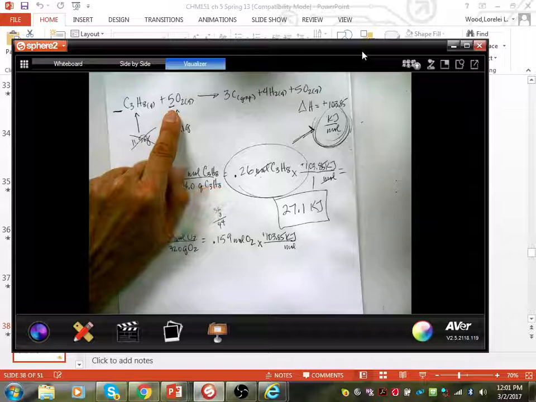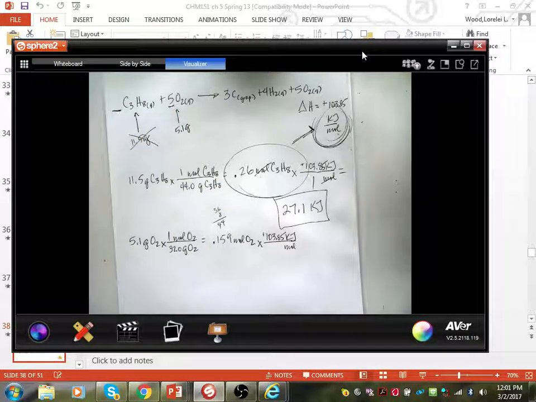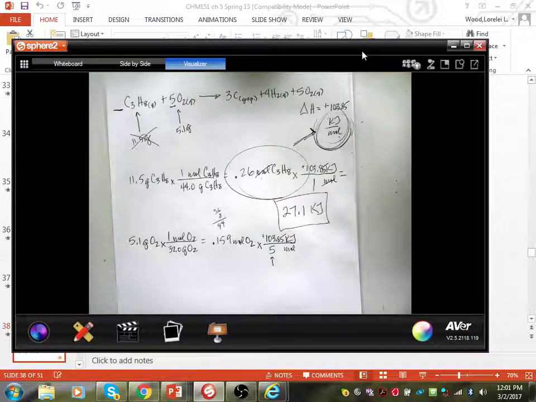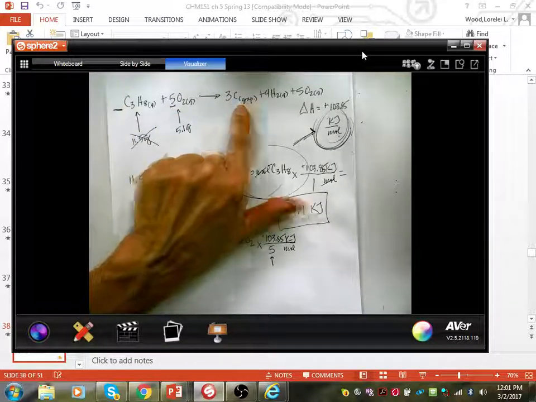But now I got 5 moles of it every time I run this through. So now I have to put the 5 there. That's super duper new and important, and you guys have never done that before. So I want you to pay attention on why that's happening, right?